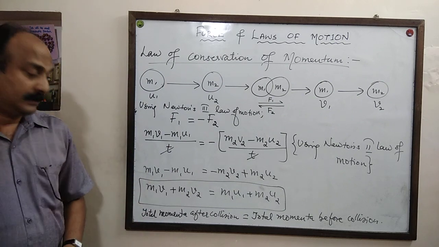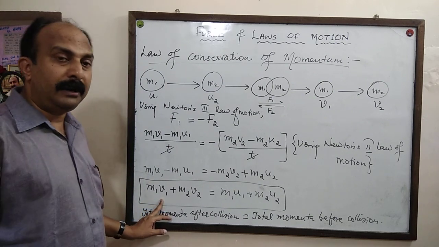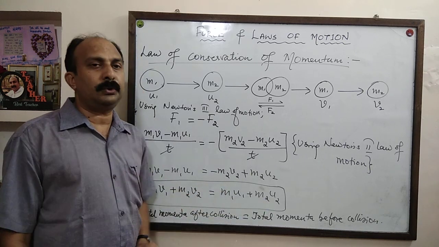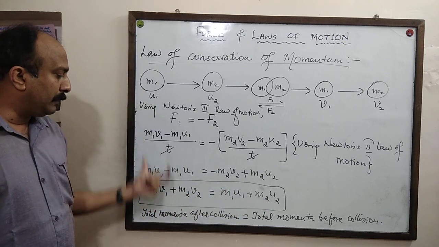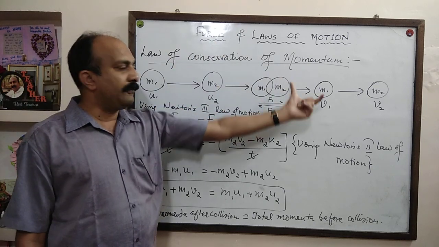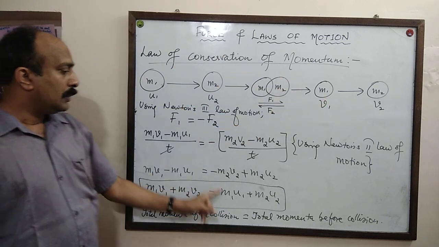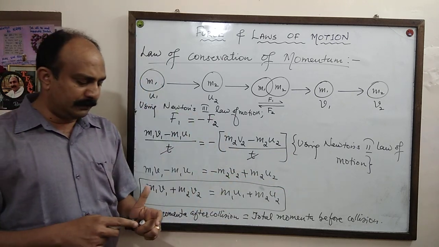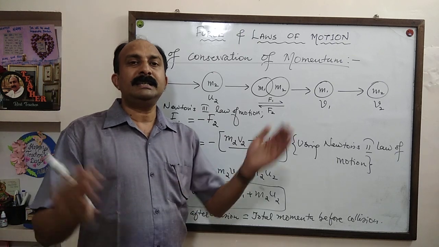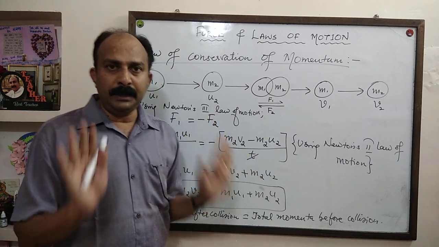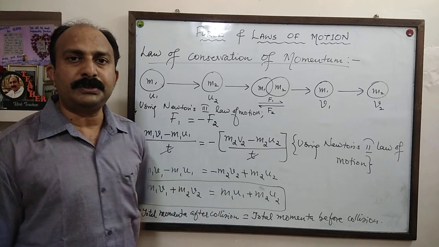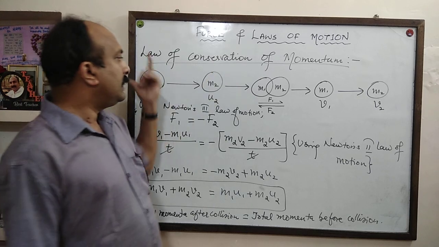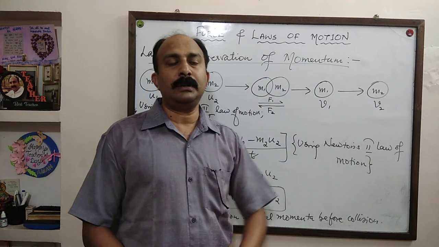So what is the conclusion? We got m1 v1 plus m2 v2 is equal to m1 u1 plus m2 u2. Means total momenta of the two bodies after collision is equal to total momenta of the same two bodies before collision. What does it mean? Momentum is conserved. Momentum of the two bodies is not lost anywhere. The same momentum is conserved before collision and after collision.